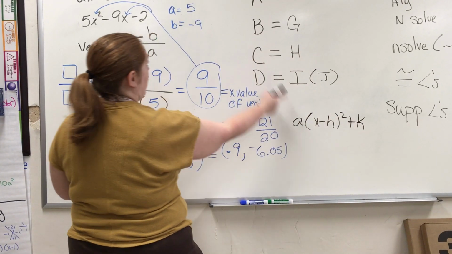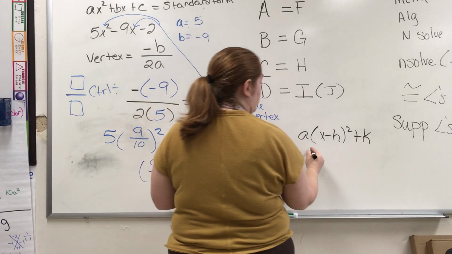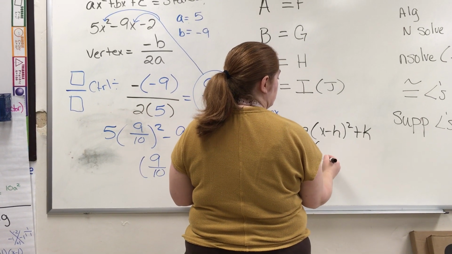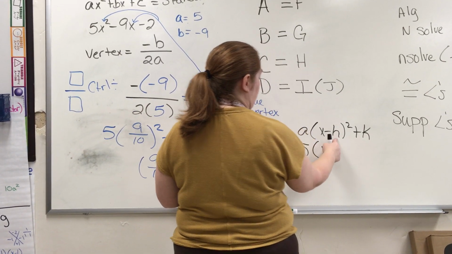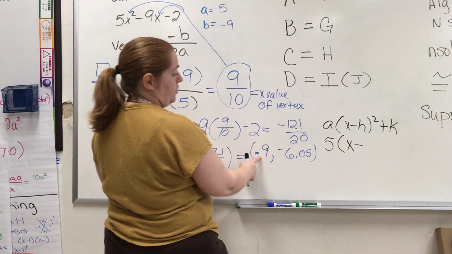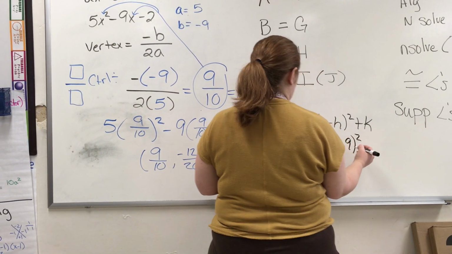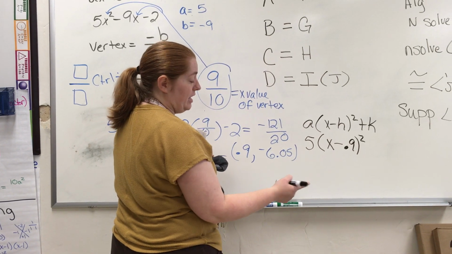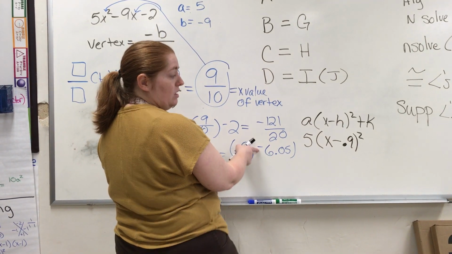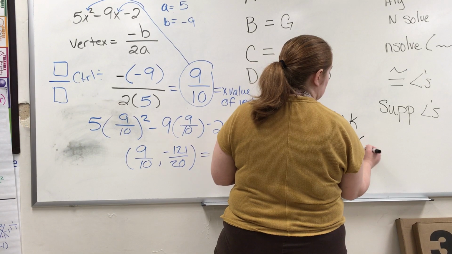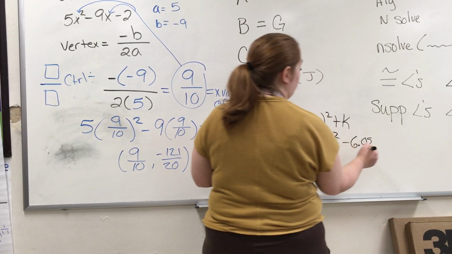Well, we said that a was 5, so I'm going to put in 5. Parentheses, x minus, well, h is our x value of the vertex, so 0.9 all squared. Now, it's plus k, but k in this case is negative, so I'm going to say minus 6.05.